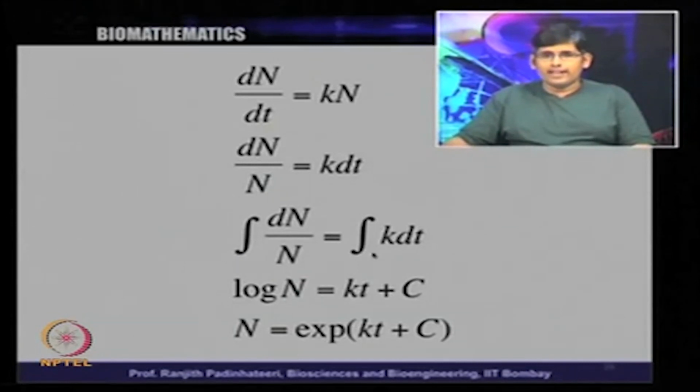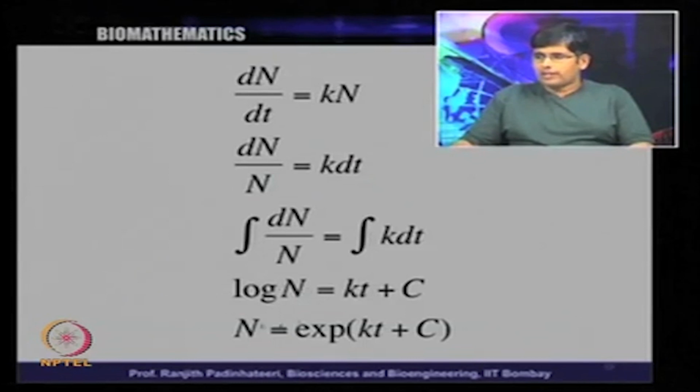Now, what is the integral of dn by n? As we studied before, the integral of dn by n is log n, since the derivative of log n is 1 over n. And the integral of k dt, since k is a constant, is kt plus a constant of integration, kt plus c.